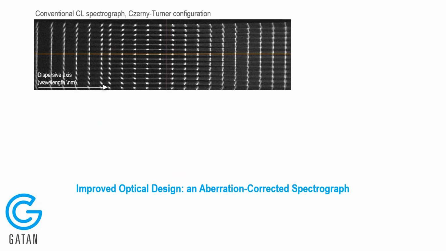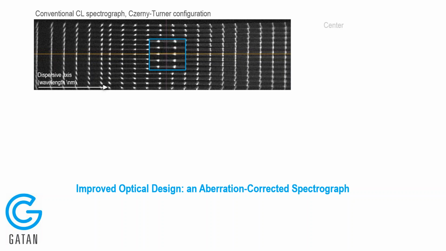Now, I mentioned earlier that the Monarch detector has a different optical design to what was done previously in conventional CL spectrographs like the Monocle 4. The Monocle 4 was a Czerny-Turner configuration spectrometer, and in that type of detector, the light that goes into the spectrometer does not get imaged perfectly onto the detector.